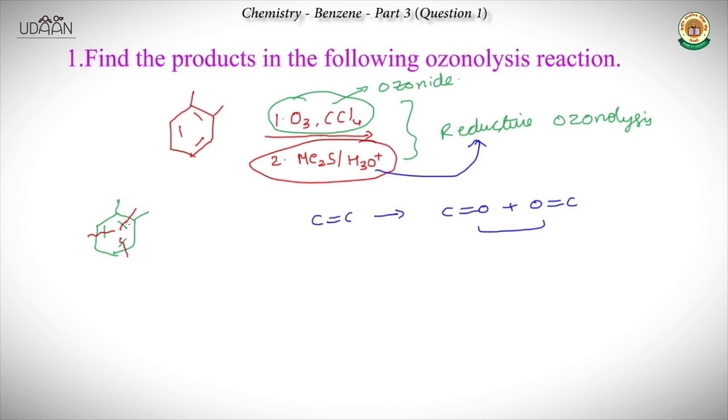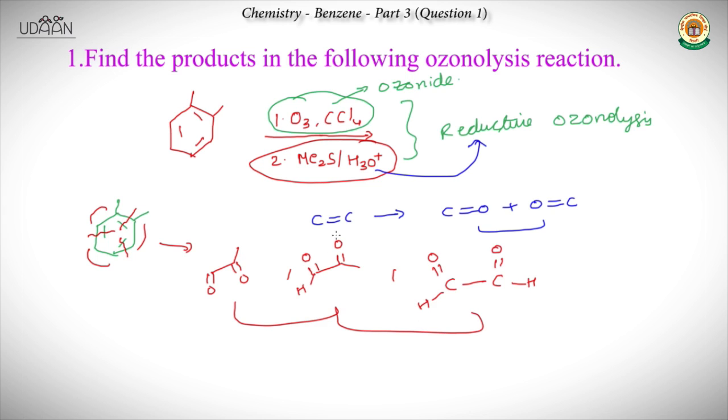So breaking these bonds and adding double bond O to these carbons, you will get from this part C double bond O and C double bond O, and from this part also we will get the same compound, which is C double bond O double bond O. And from this part you will get double bond O double bond O. Also there will be hydrogens attached to it. So we'll get 3 dicarbonyl compounds. Not 3, 2. We will get 3, but 2 of them are the same.